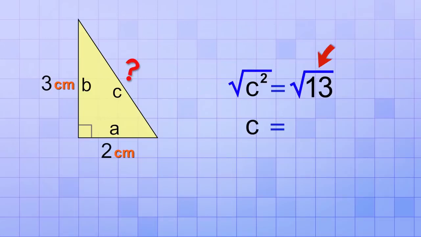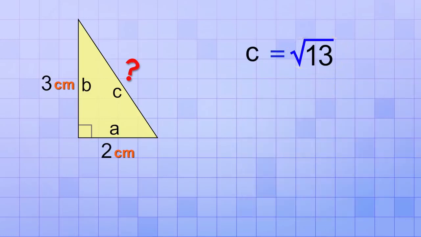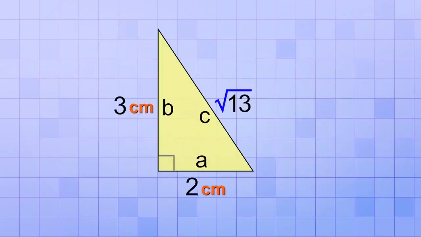It's not a perfect square, so it's going to be a decimal, and probably an irrational number. But that's okay, because it's fine to just leave our answer as the square root of 13. Sure, you could use a calculator to get the decimal value if you really need one, but in math it's very common to just leave square roots alone unless they're easy to simplify. So the sides of this right triangle are 2 centimeters, 3 centimeters, and the square root of 13 centimeters.